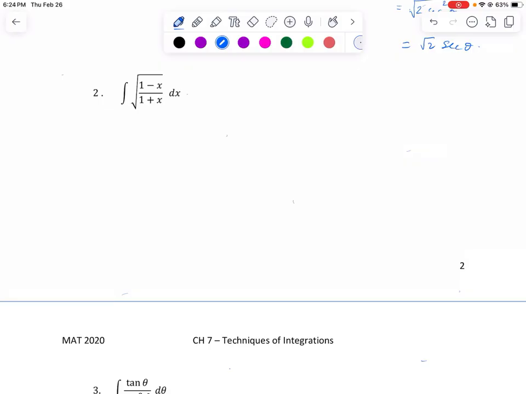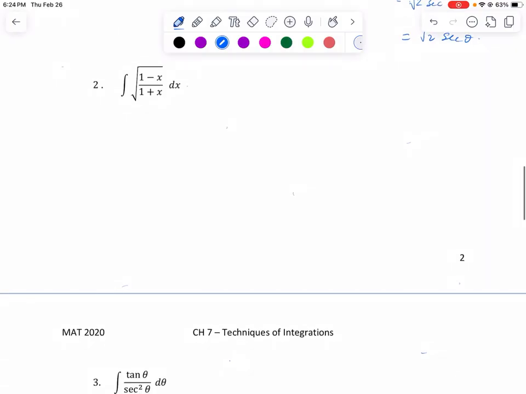But the method that we use here is multiplying by the conjugate, or rationalizing the denominator. So I will use this method. I will have my integral.